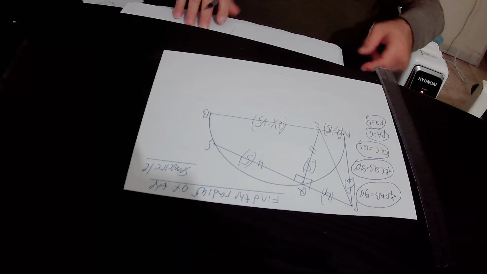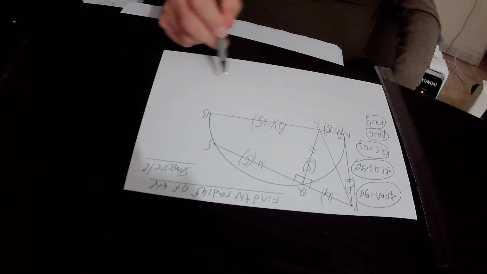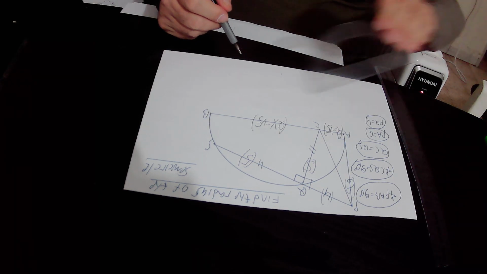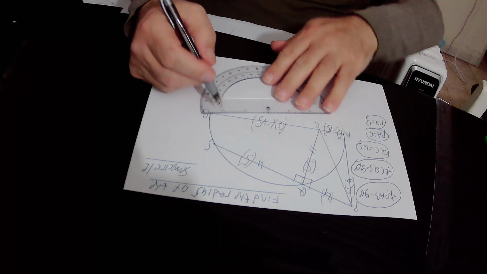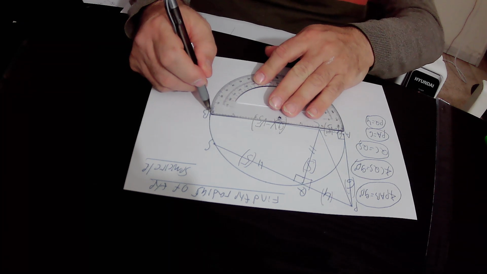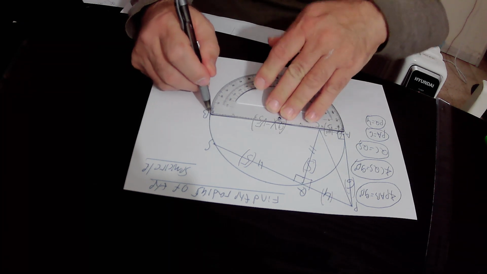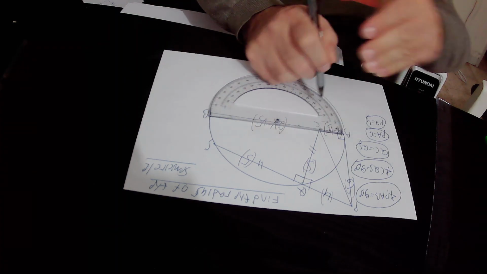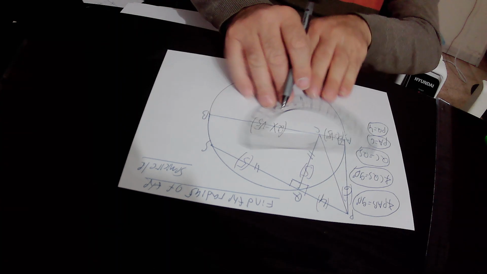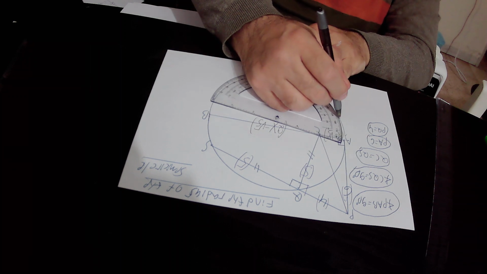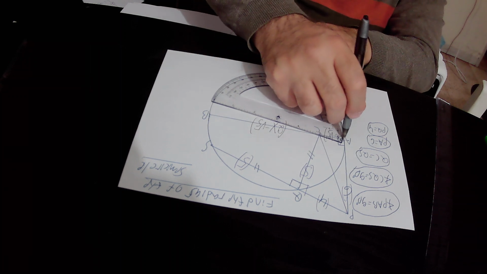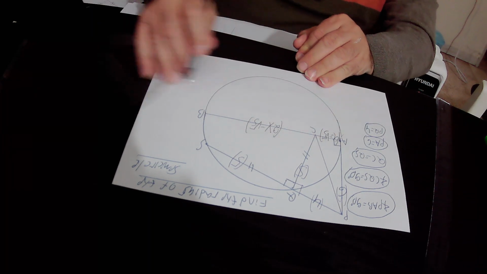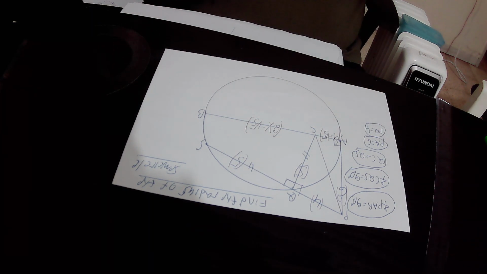In the next step, we'll complete the semicircle to a circle. So we completed the semicircle to a circle.